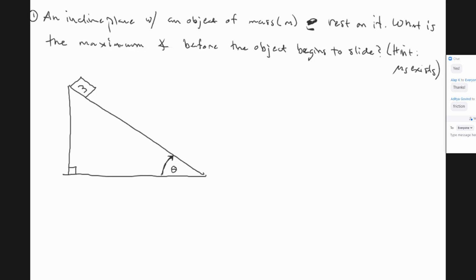So find me that maximum angle just before that object begins to slide. Want to get you guys to get your feet wet, thinking about force problems again, and then we'll go over the methodology and how to approach any type of force problem. So first step, we draw a picture, which I've already done.